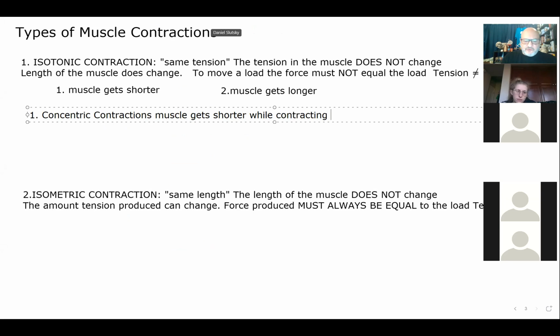The question becomes why? What are we doing here that is causing the muscle to get shorter while we contract? Like flexing. True, this is going to be during the flex, absolutely. But remember, we want to think of this in terms of physics. What is the relationship of the tension to the load when I am doing a concentric contraction?